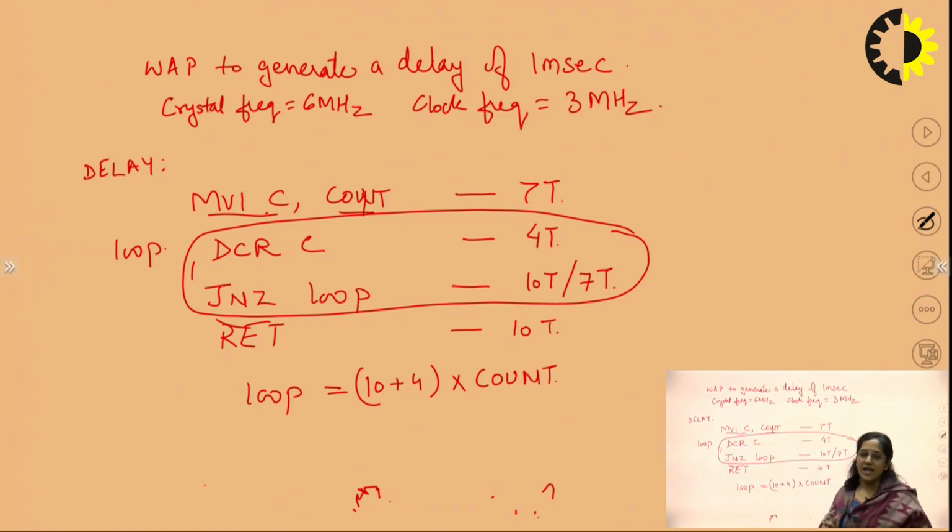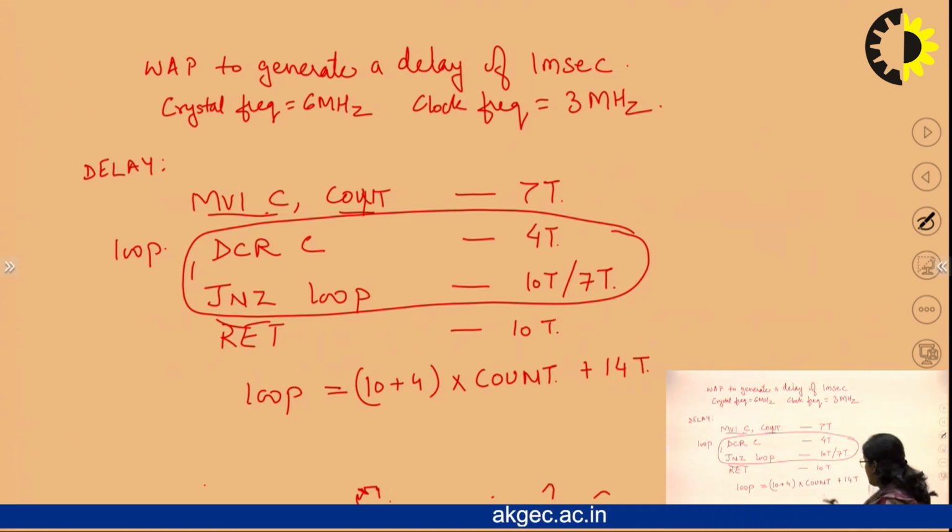Suppose count is 5, then these 14 T states will be executed 5 times. And then the remaining 7 and 7, these 14 T states, will be executed only once. So we will write it as 14.